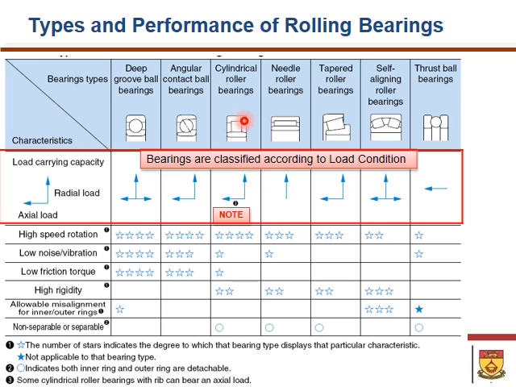It can take slight axle load, depending on whether there is any rib. Under statement 3 here, there's a note: some cylindrical roller bearings with rib can bear an axle load. Some, not all.